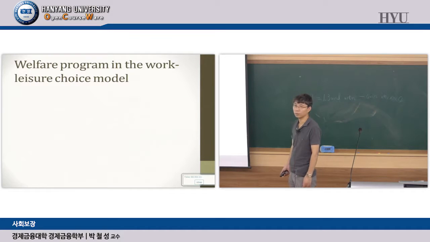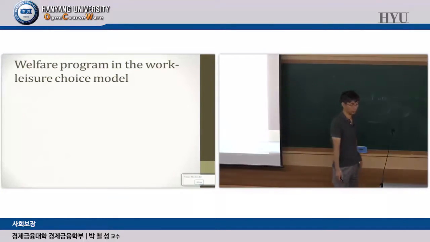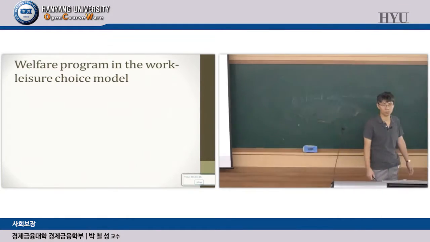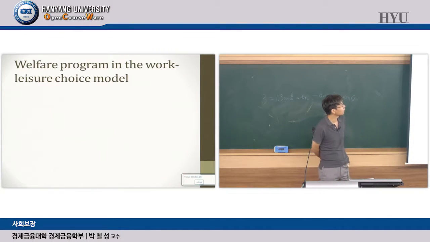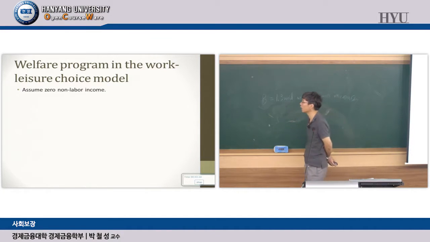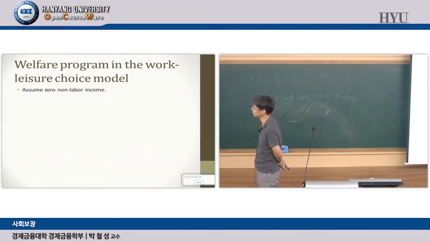Okay, what we're going to do is use the work-leisure choice model. Okay, we learned the work-leisure choice model last week, so we're going to use it now. And the work-leisure choice model is very useful when we analyze this particular case. Now, to introduce the welfare program into the work-leisure choice model, first we assume there is no non-labor income.